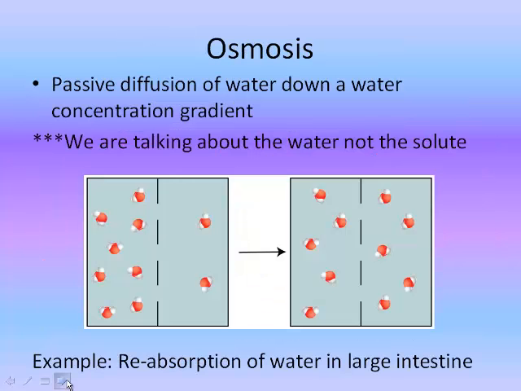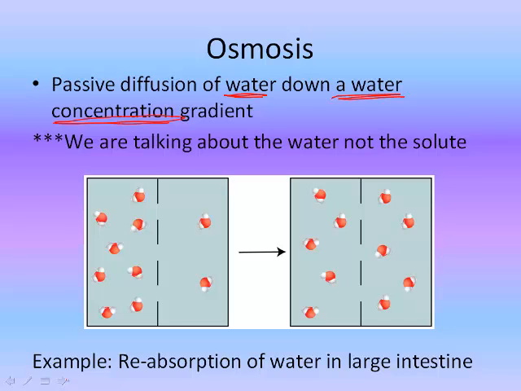The third type of passive transport is osmosis, and this is a little bit different than the other two in the way that it is passive diffusion of water down a water concentration gradient.